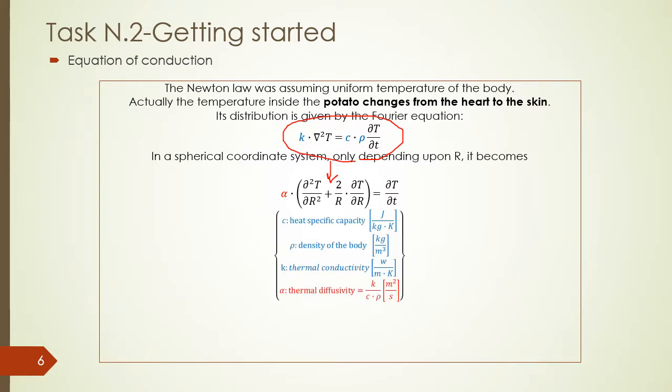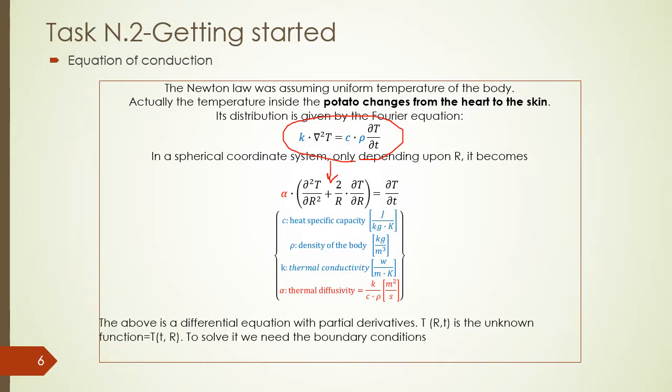And we introduce the diffusivity coefficient alpha, which is the ratio between the thermal conductivity K and the product between the specific heat capacity C and the density R, whose dimensions are square meters over second.